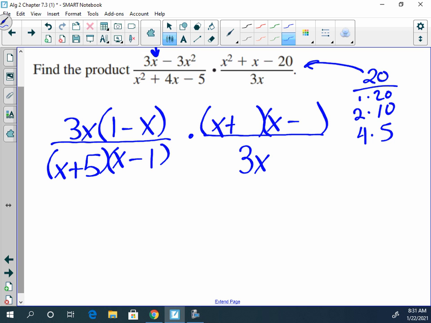So which one do you think would be helpful to have? 4 and 5 would be nice, wouldn't it? Because we do have an x plus 5 over here, so if we have a 5, it could work out. So what would we want the 5 to be? Positive. Because if the 5 is positive, then they would simplify out. Because if they're on top and bottom, the same thing on top and bottom would simplify, yes?